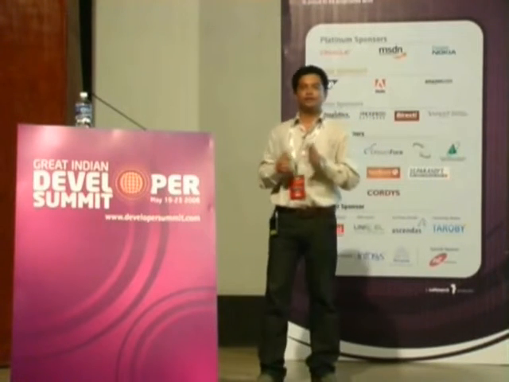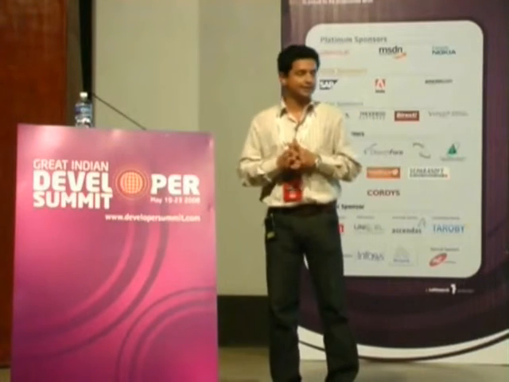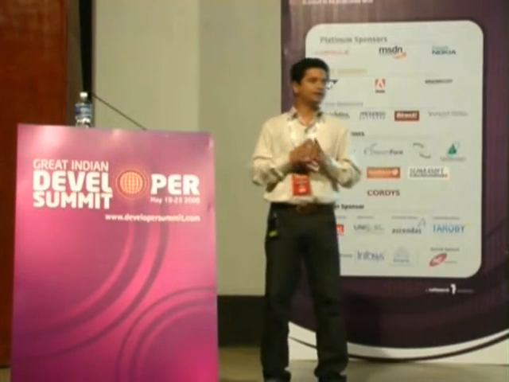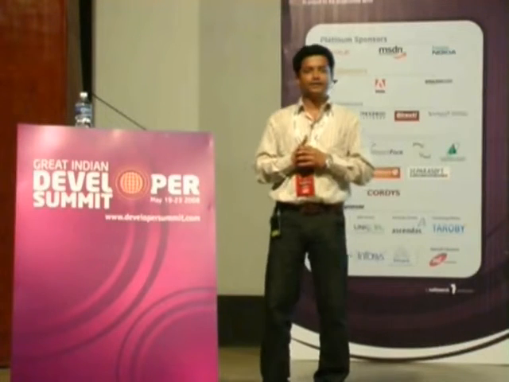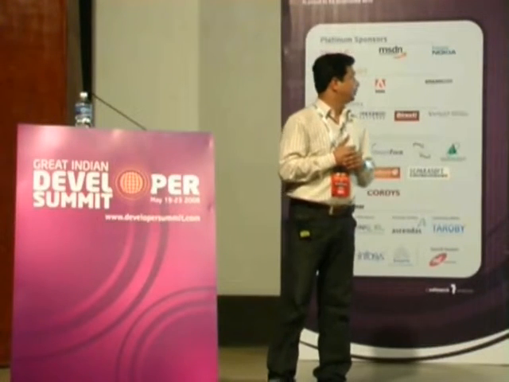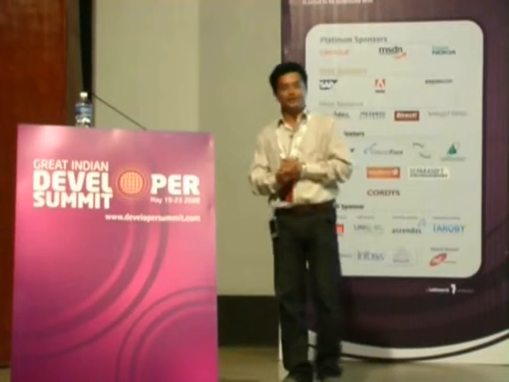Yes. So if you look at JSR 77, it's about J2EE management. This is also related to that. JMX is JSR 3, and then you have JSR 160, which is about JMX remoting APIs.